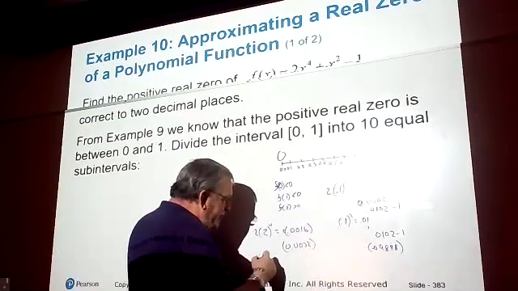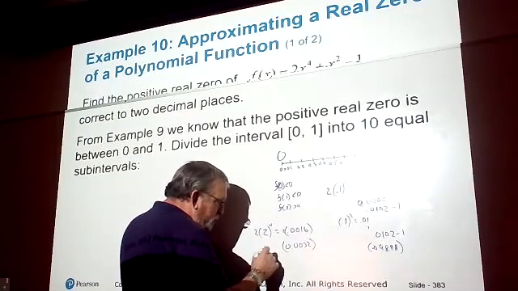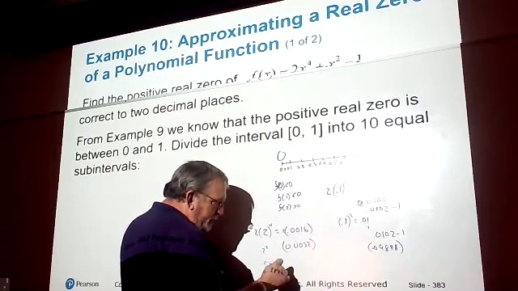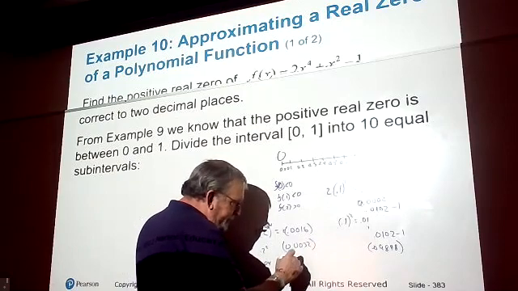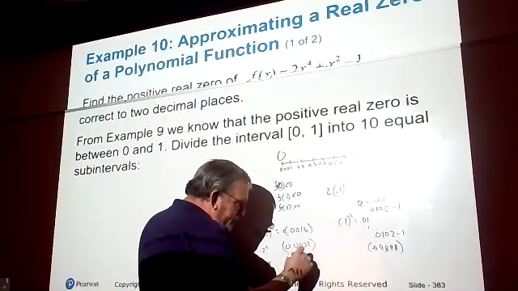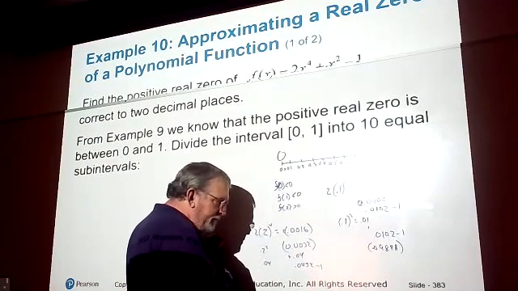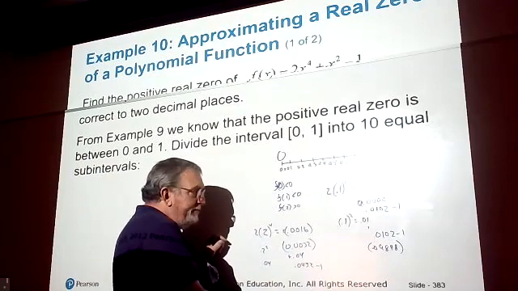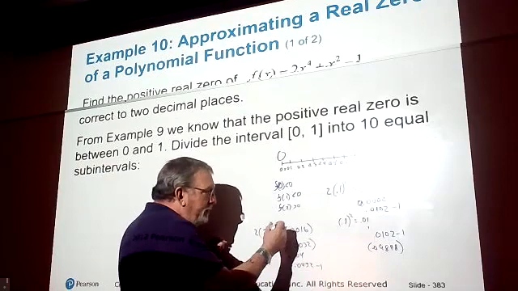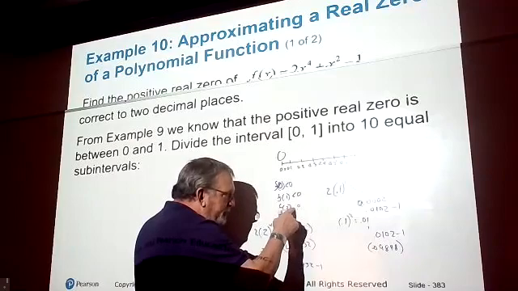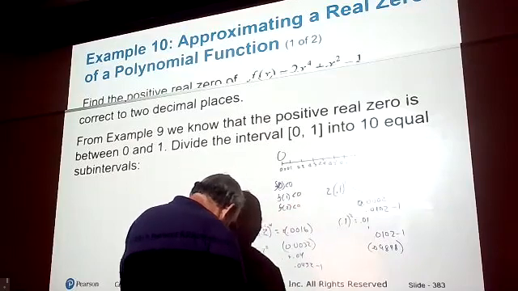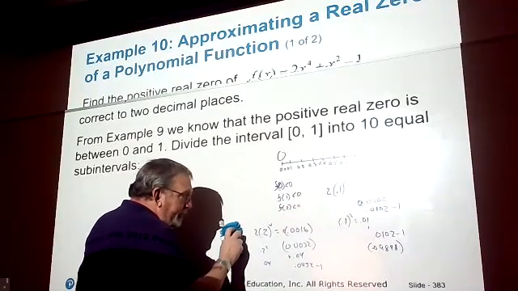And we're going to add 0.2 squared, which is 0.04. So we get 0.0432. And we're going to subtract 1 from that. Well, that's still going to be negative. So 0.2 gives us a negative number.